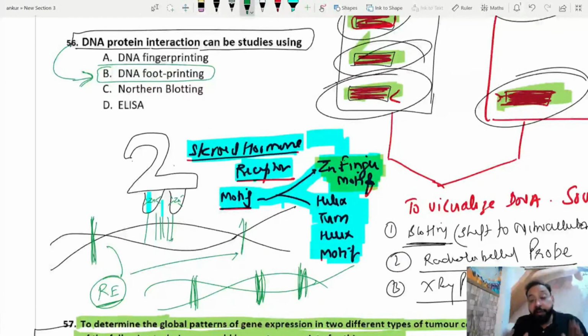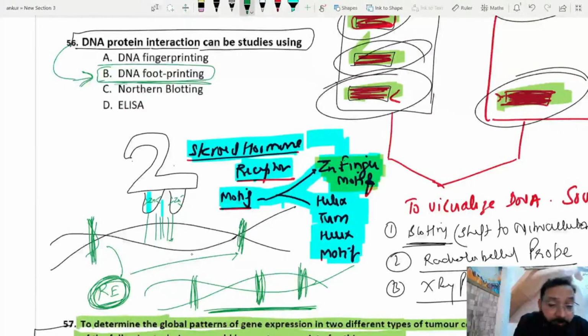And if you do electrophoresis, DNA without protein, the fragments would be different. If you do electrophoresis with DNA having motif, having protein, the electrophoretic bands would be different. So you can determine the DNA protein interaction by DNA footprinting.